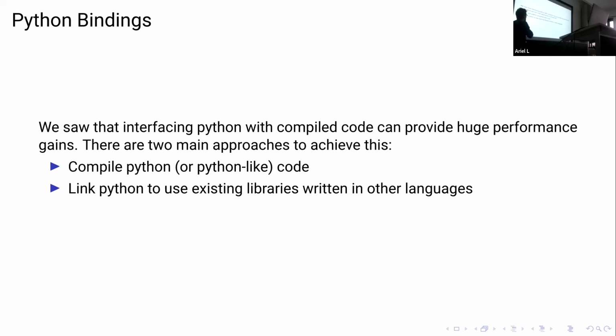On the topic of the interface, there are actually two main ways to use compiled code from Python. If I'm working on an algorithm I have to implement that is not available, I can write Python-like code.